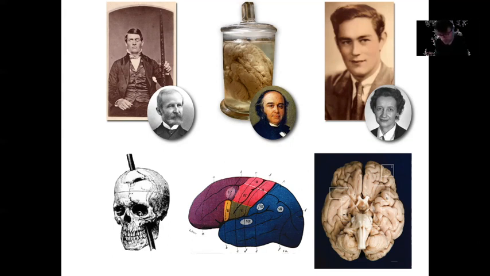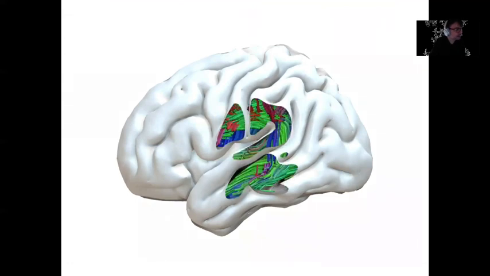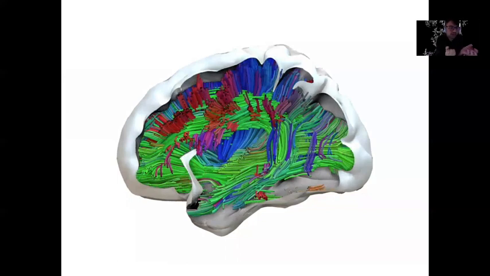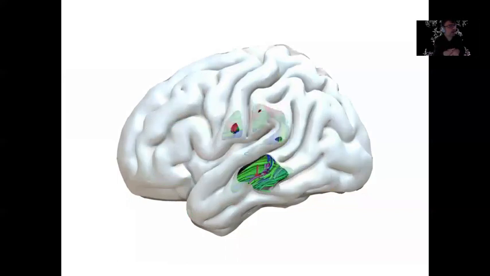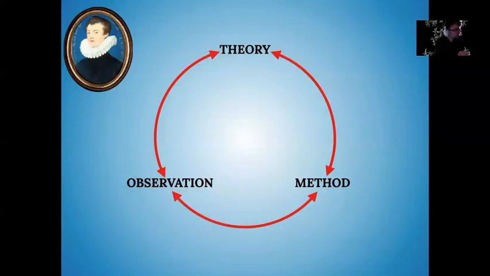But now, if you've seen the other lectures, you know that the brain is not made only of its surface. It is actually made of brain regions that are highly interconnected, tightly connected by white matter pathways. And still through the same logic of building knowledge, you have the observation and the theory, and through the method, you can refine or change the angle of the observation that you have onto something.